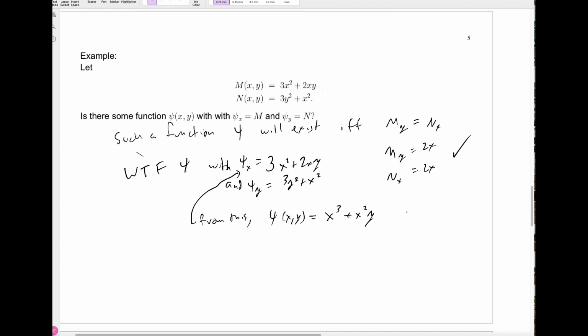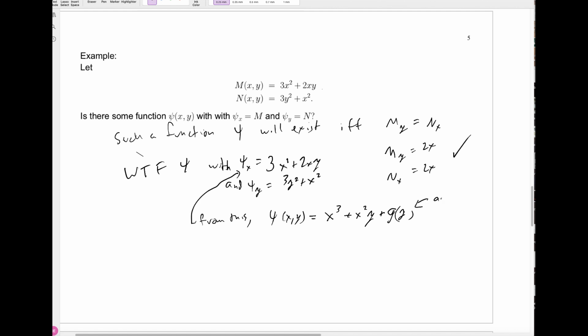Of course, this isn't the only function whose partial derivative with respect to x is 3x squared plus 2xy. I could add an arbitrary constant and I'd get the same partial with respect to x, but here's the key thing. It's not just an arbitrary constant that I could add. I could add any function of the variable y. I'll call that g of y.